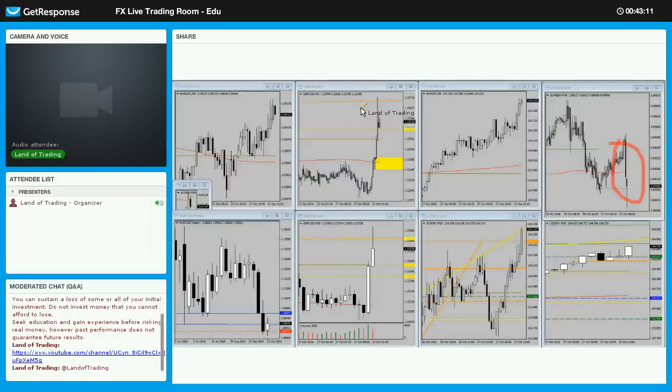But let's focus on pound USD right now, and let's wait and check if we are going to have a possibility to try to buy that level. All right.